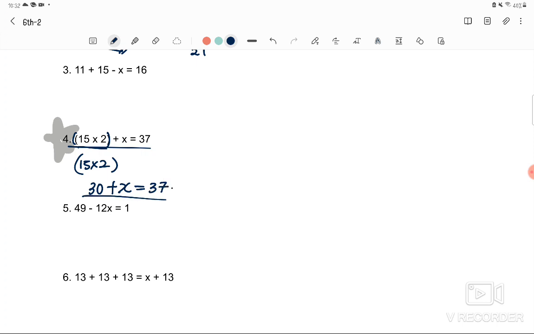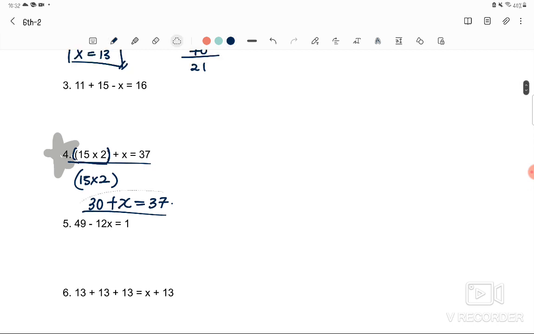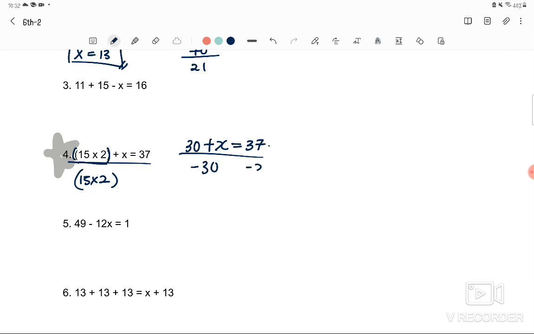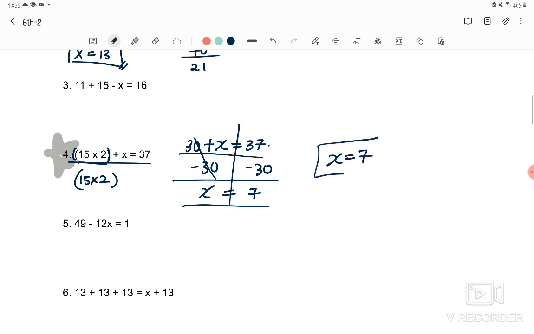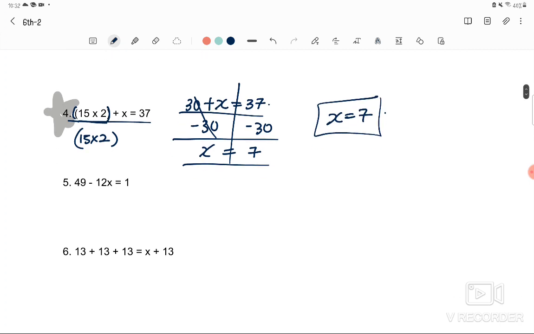So let's move this equation over here, and you have to subtract 30 on both sides. The 30 cancels out, and x is by itself by the equal sign, and 37 minus 30 equals 7. So x equals 7. Like I said, you have to solve what's inside the parentheses first.